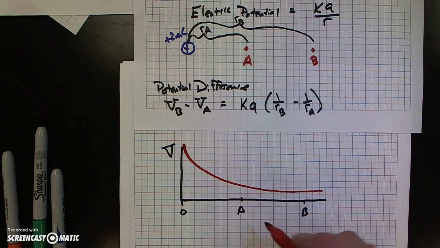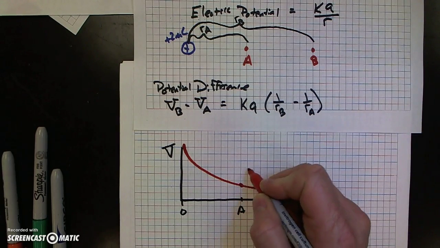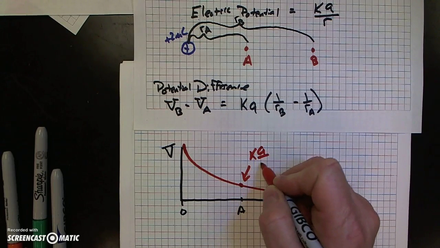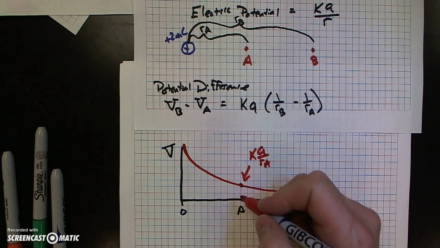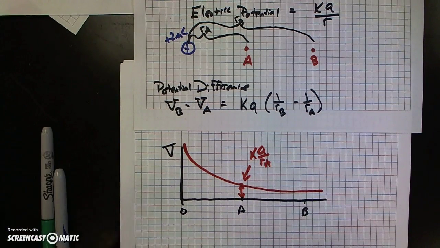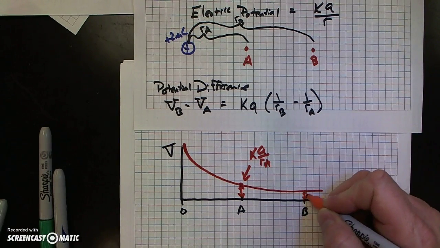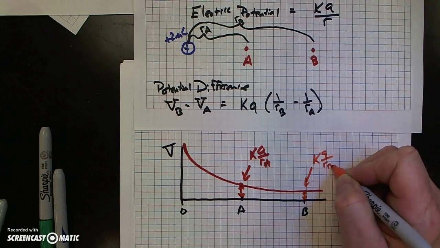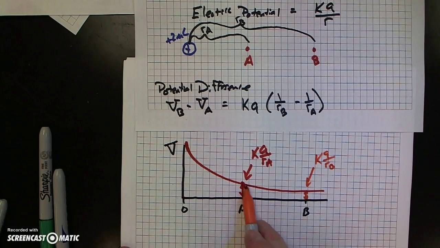And so when I calculate this height right there, that point, that's going to be KQ over R sub A. That's how high that is. And then likewise, I go over here and I have this height right there. This one is calculated by KQ over RB. That's all it is. So I'm just going to get the difference from here to here.